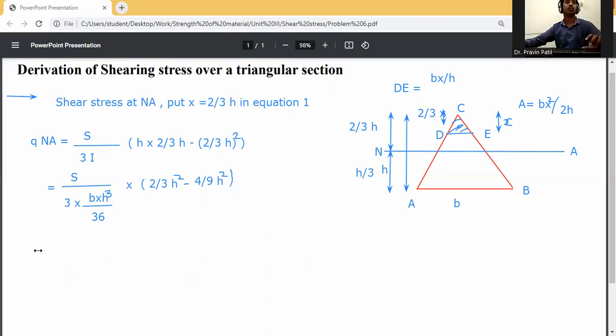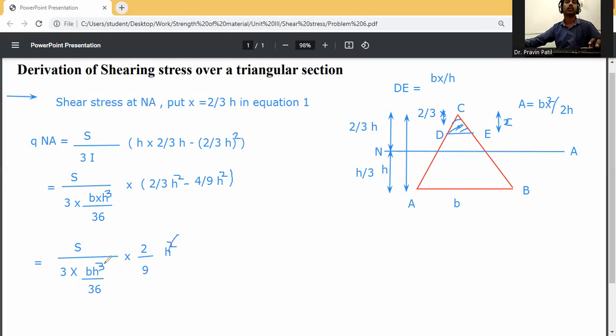Okay, so simplify this equation: S divided by 3 into bh cube divided by 36, into 2 by 9 h square.